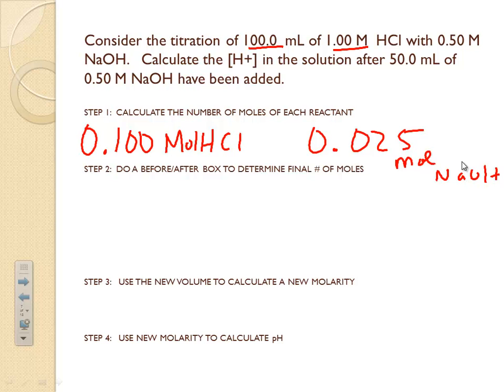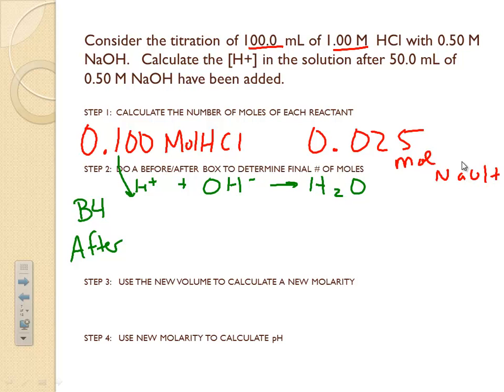Okay. So down below here, we would do a before and after table, and the equation that we're going to have really, if we get rid of all of our spectator ions, is just H plus plus OH minus goes to water. Okay, we've got our before, we've got our after. We calculated above what our before concentrations would be.